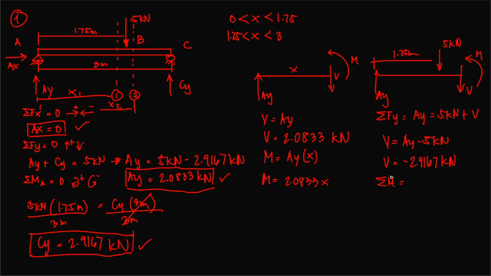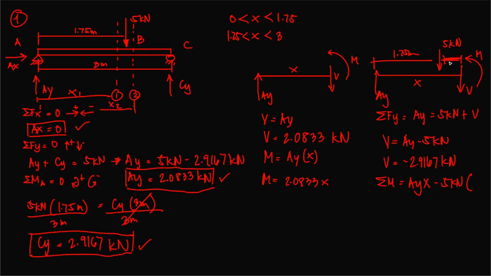So first things first, moment at this point here. This is a clockwise direction, so that will be a positive times x, which is the distance. And this one here is a counterclockwise, so it will be minus 5 kN times the distance of this one.